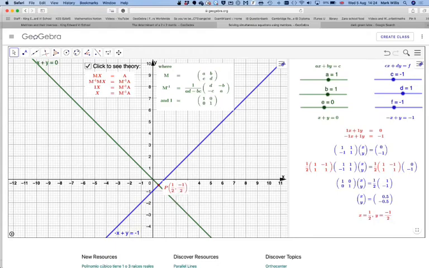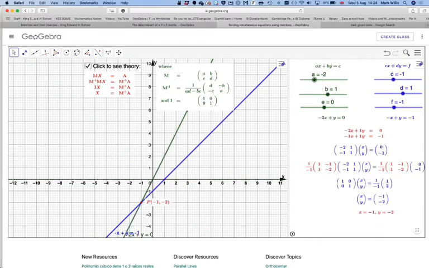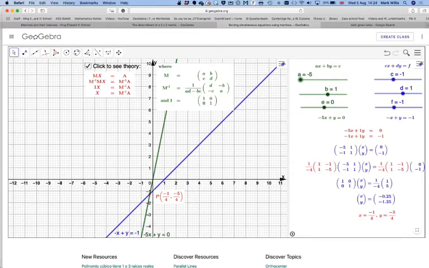Now I can move the sliders around on this applet and get other equations. We'll look at one of those cases, something a bit more complicated. Okay, so here the determinant will be minus 5 times 1, which is minus 5, minus minus 1. So minus 5 minus minus 1 is minus 4. Swap the 2 over, so 1 and minus 5, and then swap the signs on the other two.